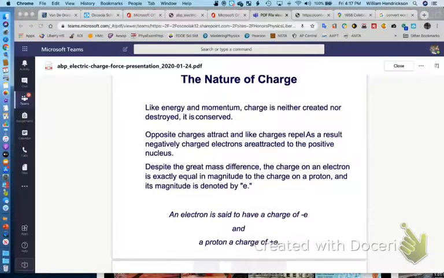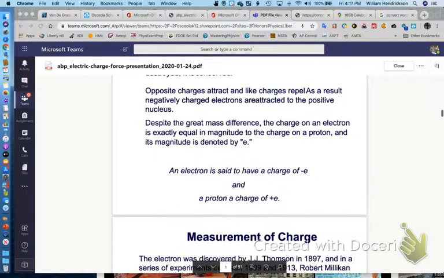And the last thing is, even though there's a great big difference in mass between the proton and the electron, because the difference in charge between the proton and the electron is just a matter of +1 and -1, they are attracted to each other perfectly.